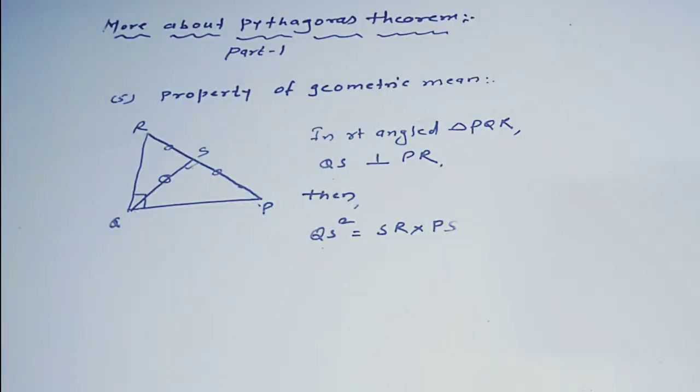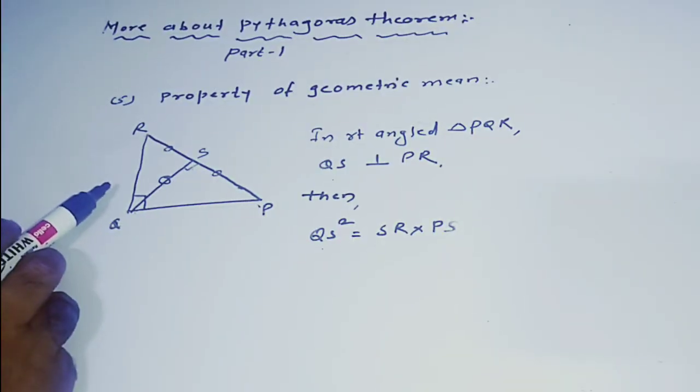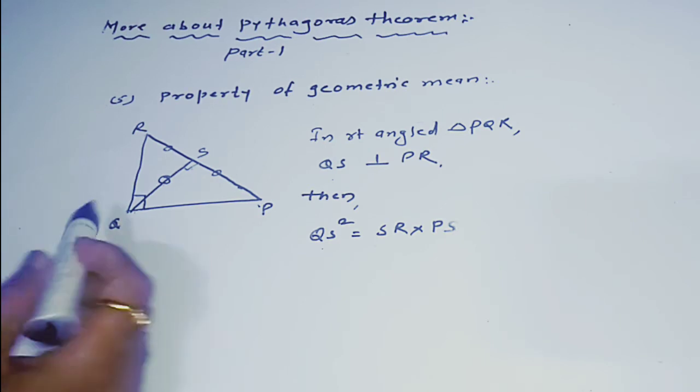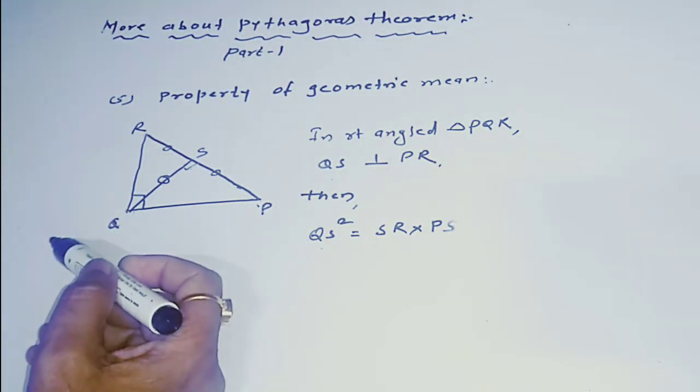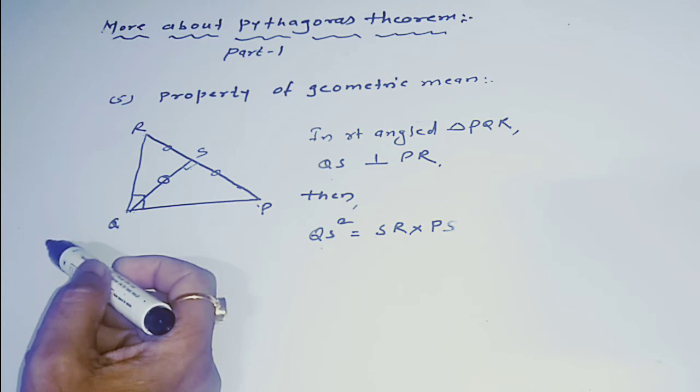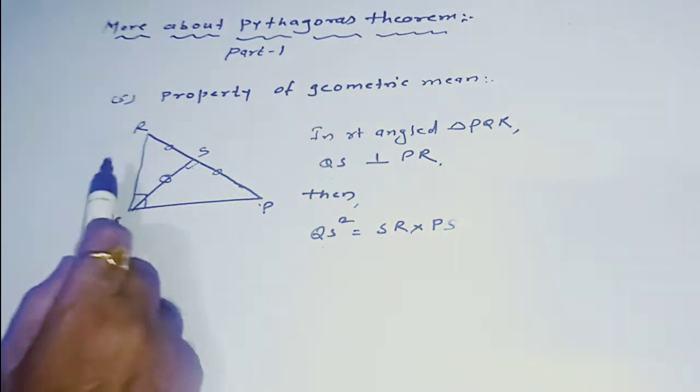Property of geometric mean. In a right angle triangle, the perpendicular segment to the hypotenuse from the opposite vertex is the geometric mean of the segments into which the hypotenuse is divided.